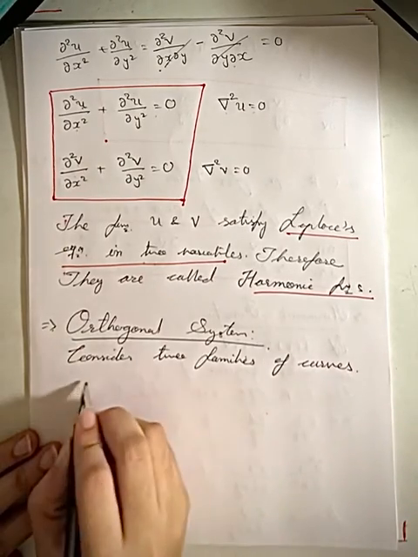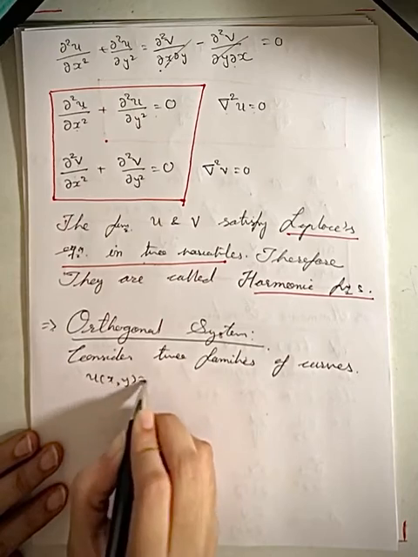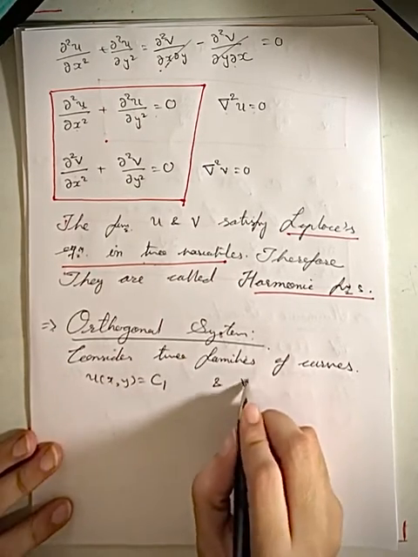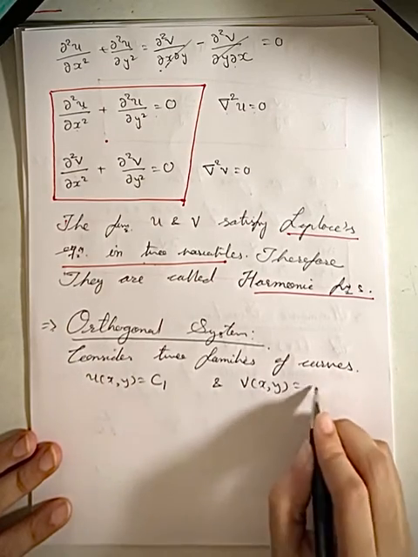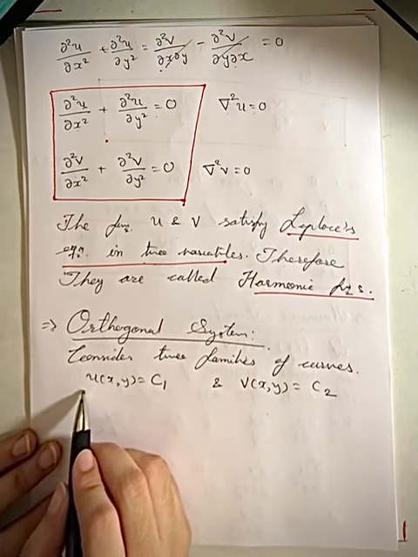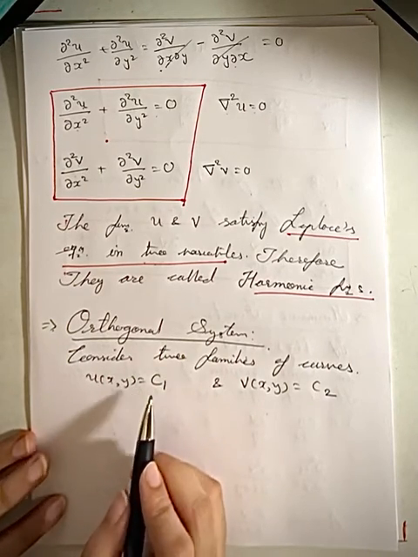One we define as u of x y equals c1, where c1 is just some constant, and v of x y equals c2. Then we differentiate this first curve with respect to x.